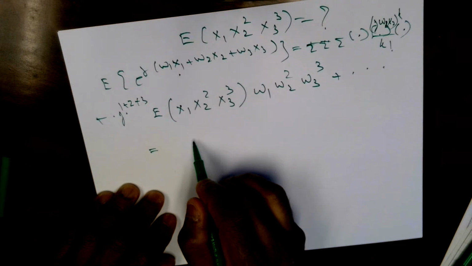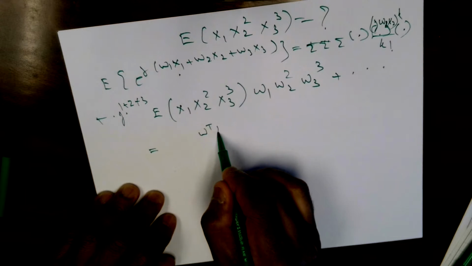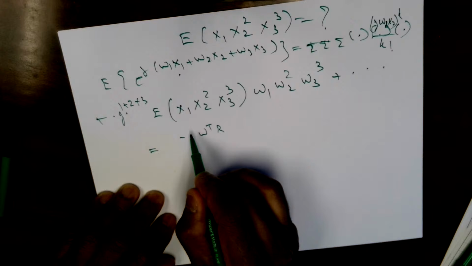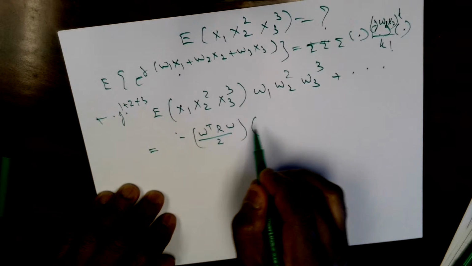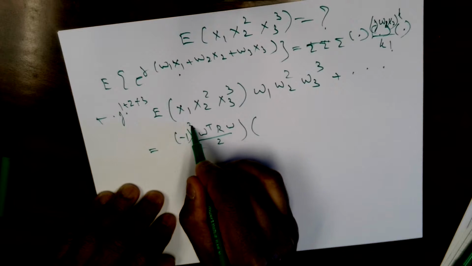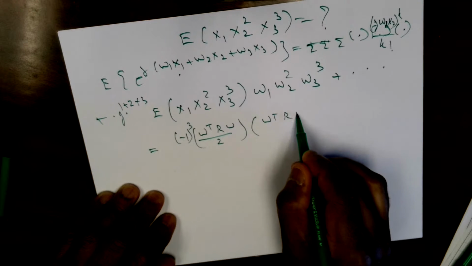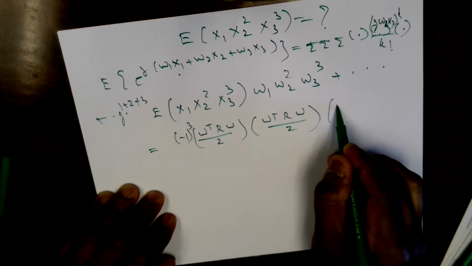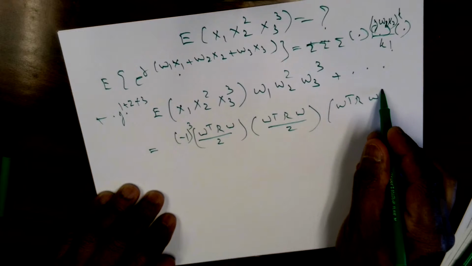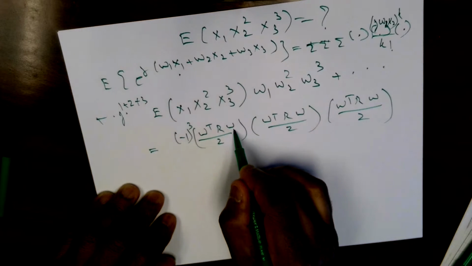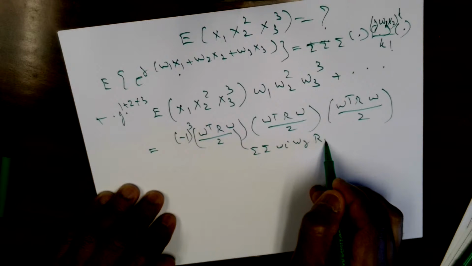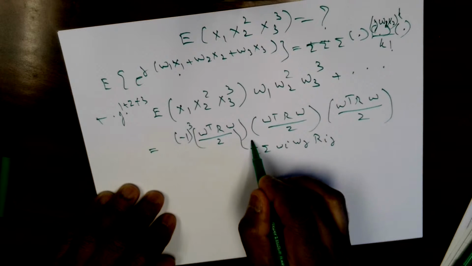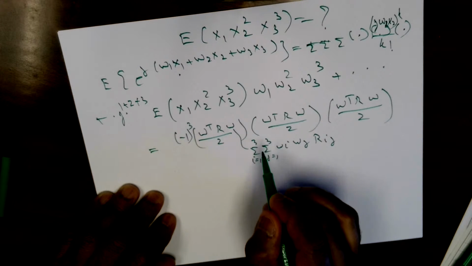So you have to go for omega transpose r omega by 2 three times with a minus sign. So minus 1 to the power 3, omega transpose r omega by 2, omega transpose r omega by 2. Each of these is of the form double summation omega i omega j r_ij, i from 1 to 3, j from 1 to 3.